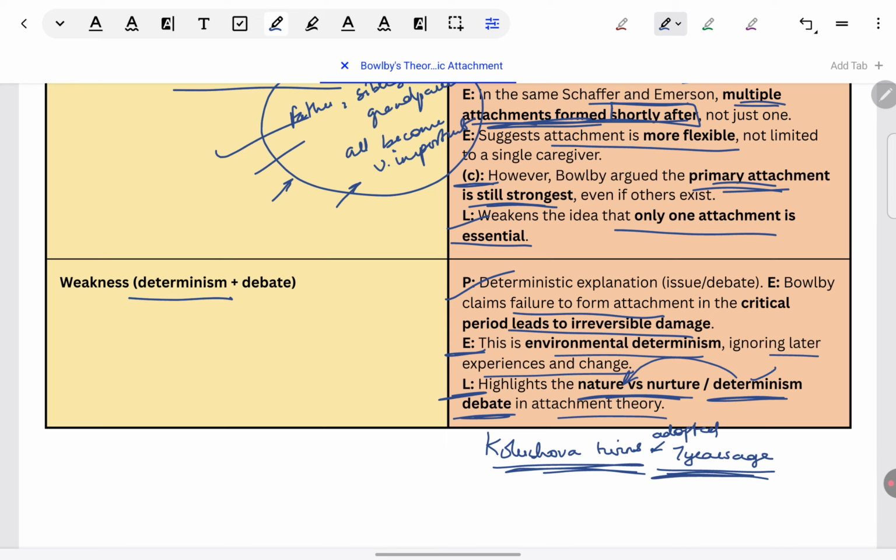This theory is becoming deterministic because, I'm sorry, not nature, nurture, because this theory is becoming deterministic because it's assuming how the caregiver will act towards the child, how they will nurture the child, that is going to impact everything in their later life, which we are seeing is not always the case. So, in terms of both determinism and how it's drawing from nurture, these ideas become important to Bowlby's theory. So, this is how we can evaluate the theory.